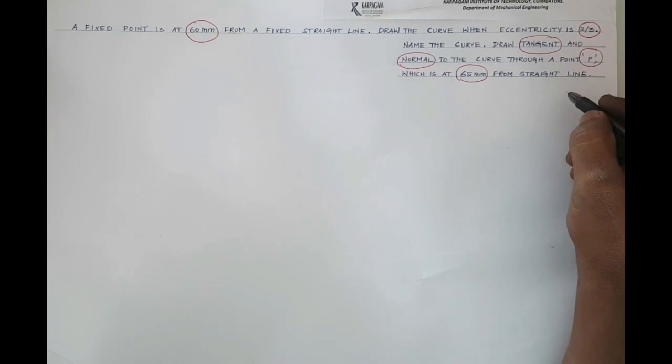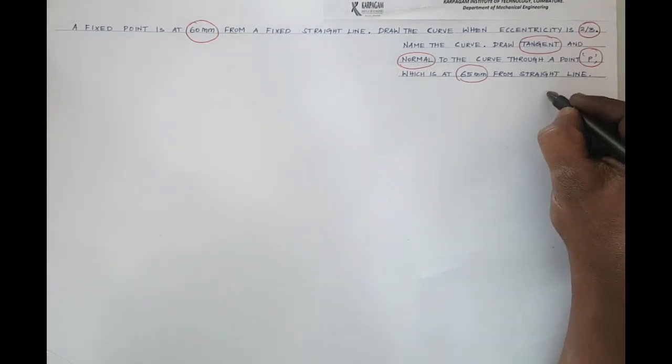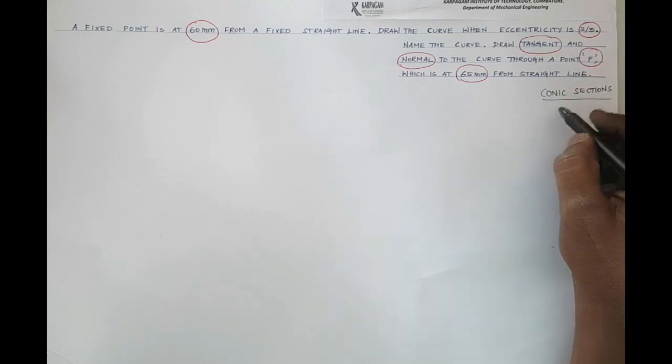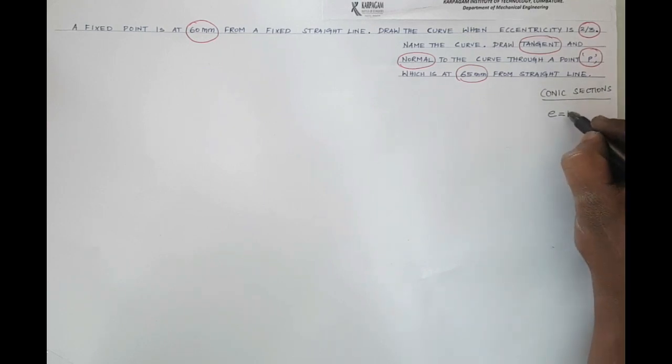In general, in the case of conic sections topic, we know that if the eccentricity is equal to 1, then it is a parabola.